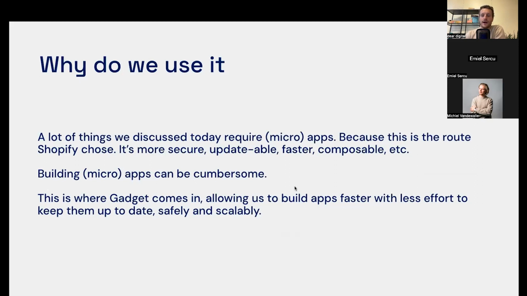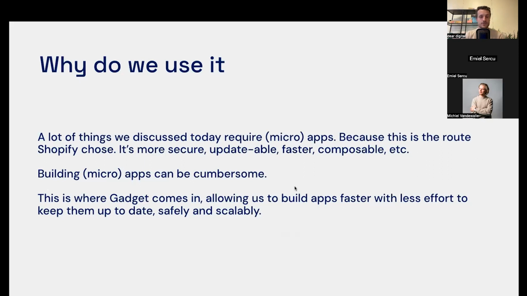And this is, again, why we use Gadget, because we want to make sure that everything is as easy as possible. Again, we want to stand on the shoulders of giants. We don't want to do the boring and repetitive work. And this is where Gadget comes in. It was built by some former Shopify employees, and we can leverage the integrations between Shopify and Gadget already, so that we don't have to start over from scratch every single time we make such a micro app to do a specific thing that we just discussed.